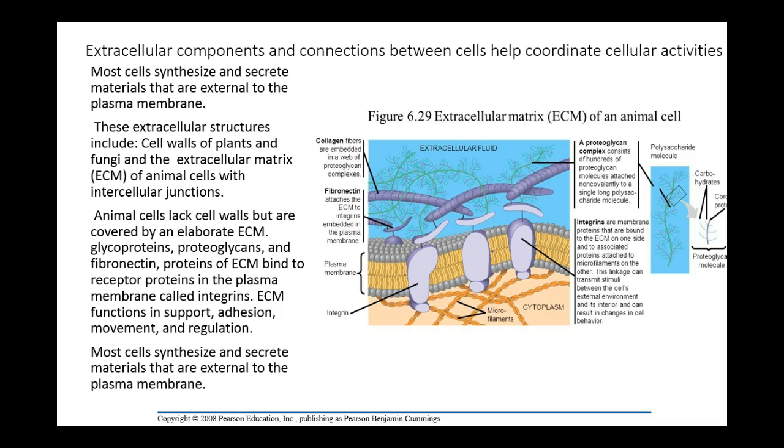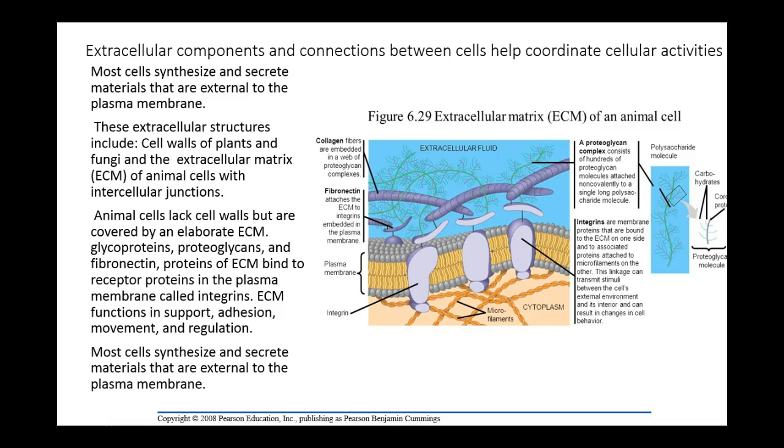Animal cells don't have cell walls, but are covered with an arrangement of carbohydrate-attached proteins, which we call glycoproteins, and other types of proteins, proteoglycans, as well as fibers of proteins, and so fibrous attachments that bind to the outer portion of the plasma membrane.